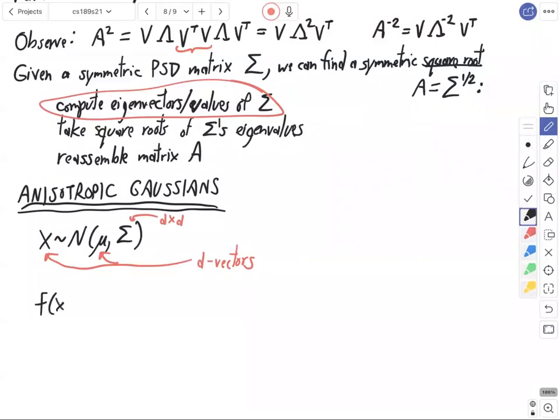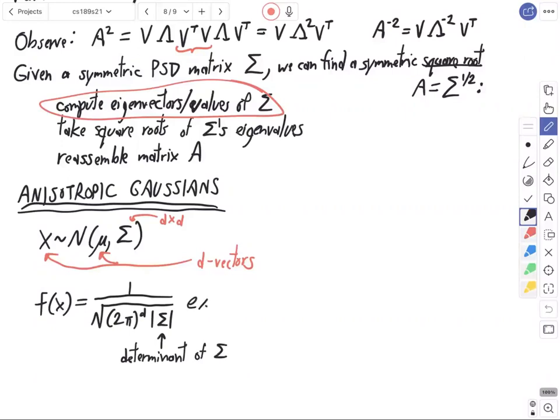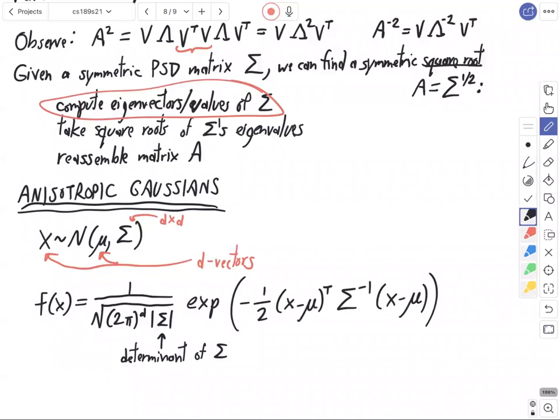And the PDF for this distribution is 1 over the square root of 2 pi to the power of d, times the determinant of our covariance matrix sigma, and we multiply this all by e to this complicated looking thing, which is quadratic in X, but now it's not isotropic anymore.